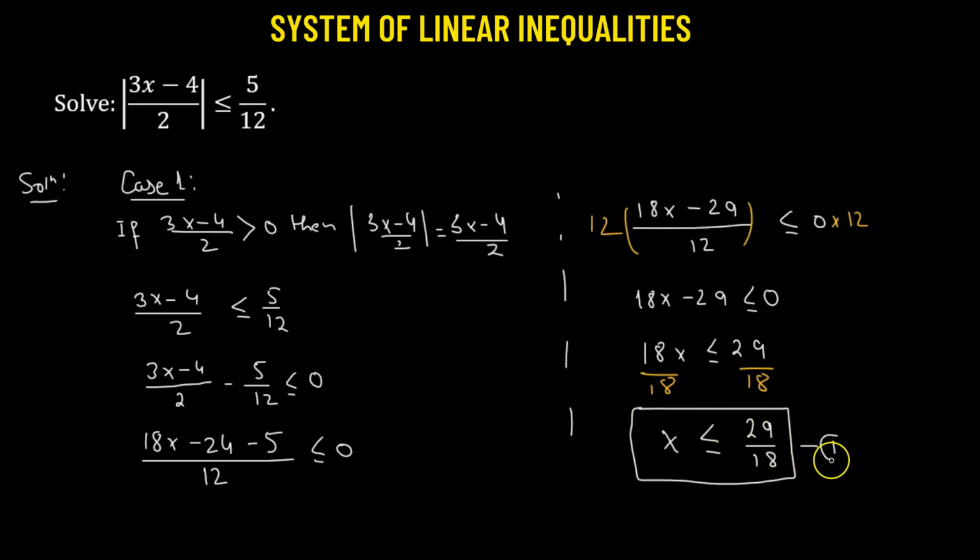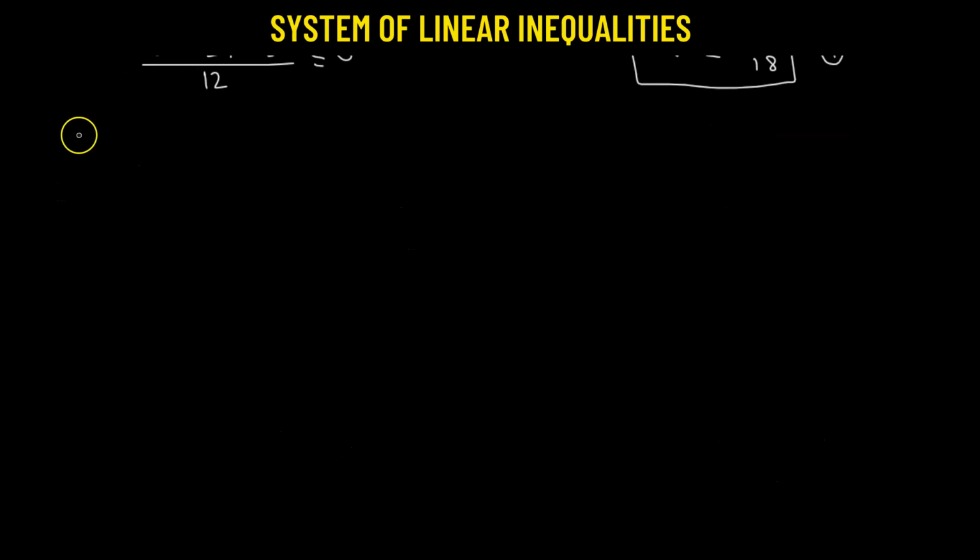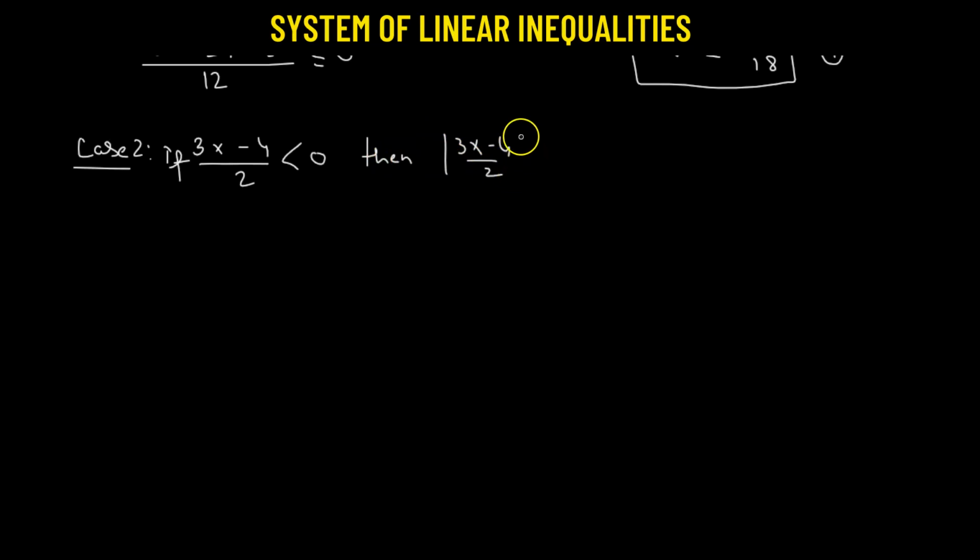So let's label this as number 1. Now we'll go to the second case, when the value (3x minus 4) over 2 is less than 0. So case number 2, we have (3x minus 4) divided by 2 is less than 0, then this means that the absolute value of (3x minus 4) over 2 will be replaced with negative (3x minus 4) divided by 2.